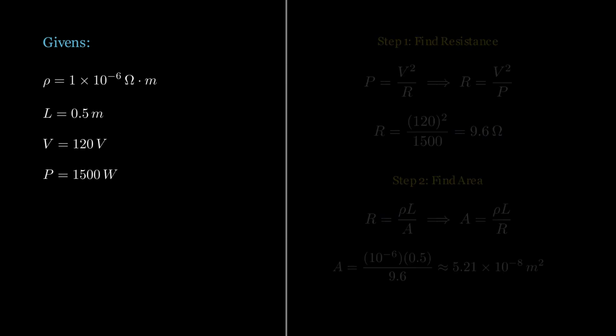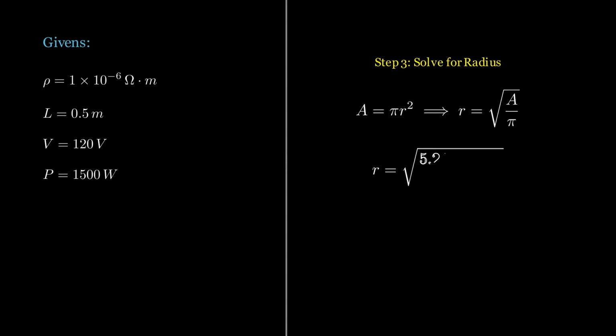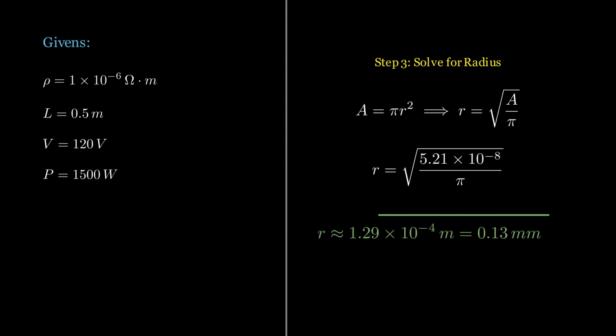In this case, we are using a cylinder, so the area is pi r squared. Thus, r equals the square root of A over pi. This resolves to approximately 1.3 × 10⁻⁴ meters, or 0.13 millimeters.